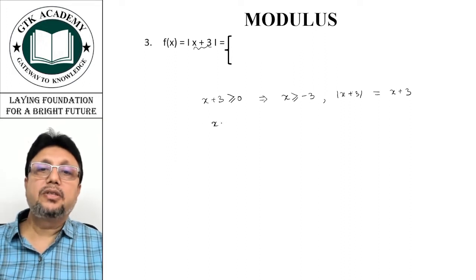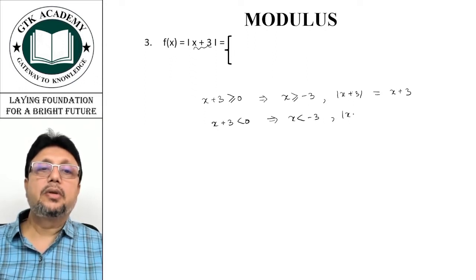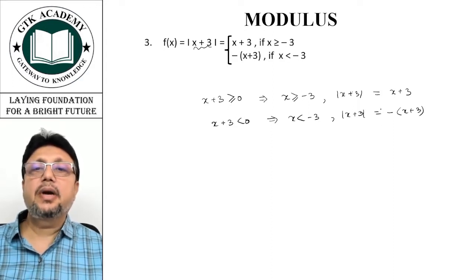But if x plus 3 is negative, that means x is less than minus 3, then mod x plus 3 will be written as minus of x plus 3, because here we have to multiply it by minus. So this is the way we expand mod x plus 3.